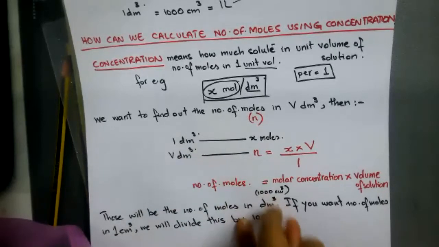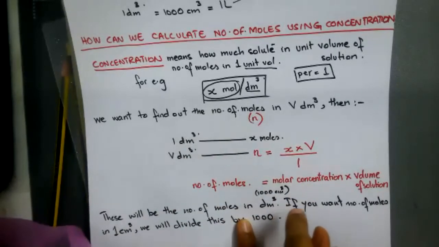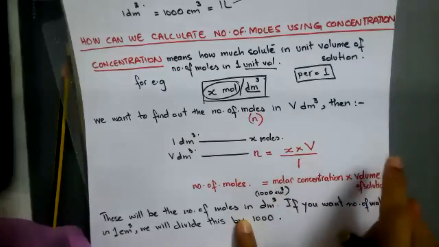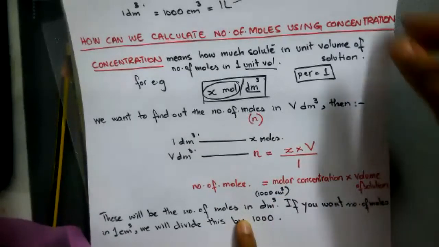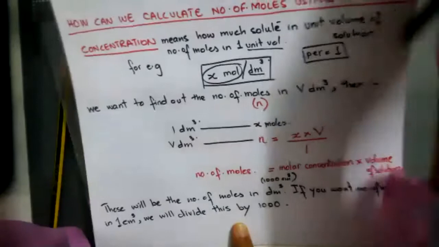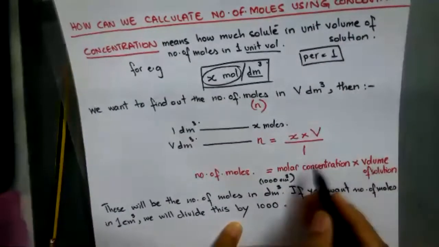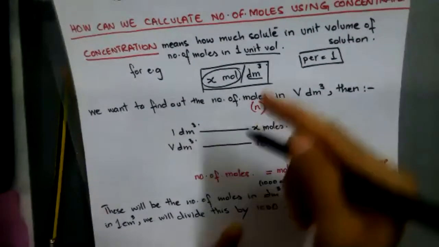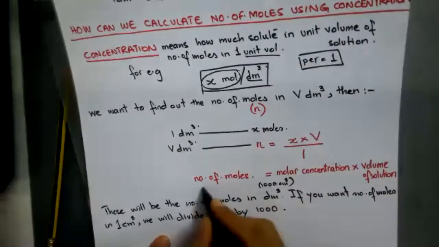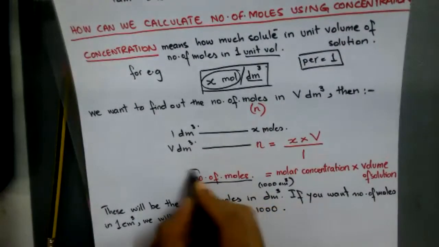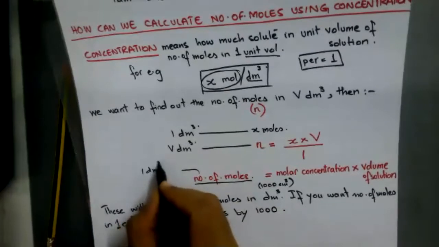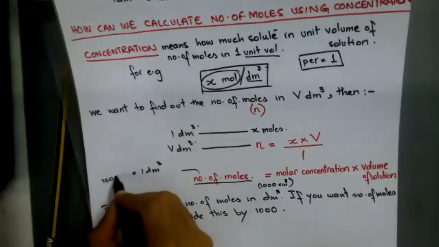But if the question asks you to give your final answer in cm cube, then it's very easy. Whatever answer you got here was in dm cube, right? So this was in 1 dm cube, which is 1000 cm cube.